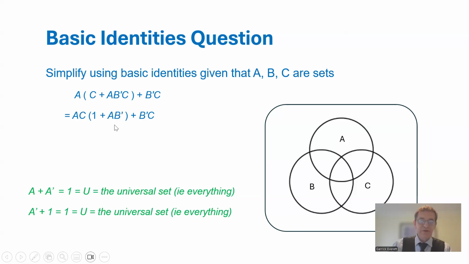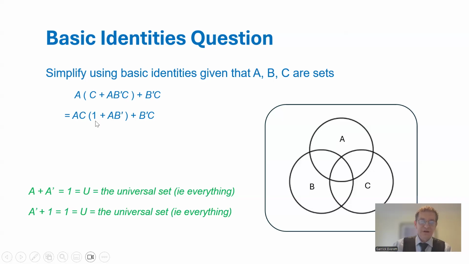Okay, so here we can look at this and say, well, I've got 1, or the universal set, plus AB complement. Well, I don't really care what this is because I've already got everything. And 1 plus whatever is still the whole universal set. So I can apply this basic identity rule to say, well, that is just 1.